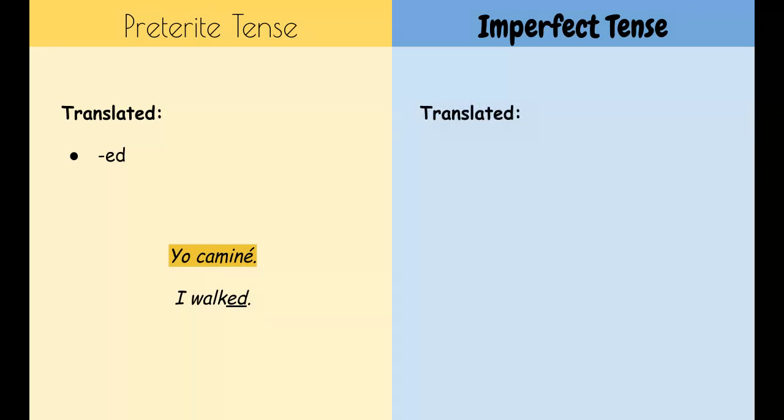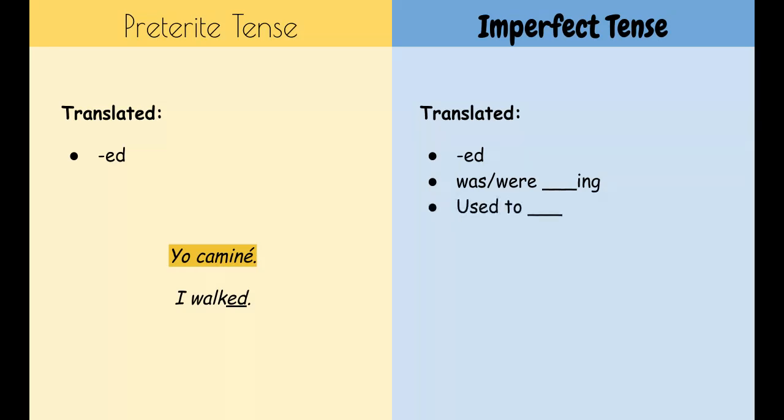However, when you're using the imperfect tense, there are a couple other ways you can translate the tense. So you can translate verbs conjugated in the imperfect tense with that simple ed ending, but you can also translate them by using the phrase was or were doing something. Focus on that ing ending on a verb. So dancing, singing, writing, things that were happening.